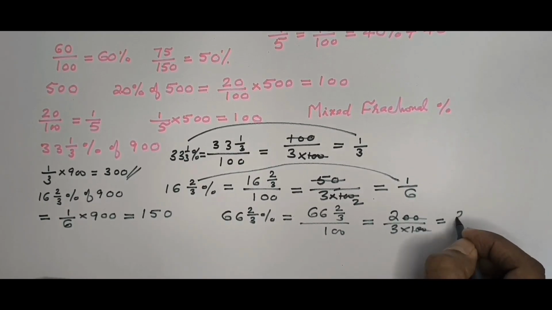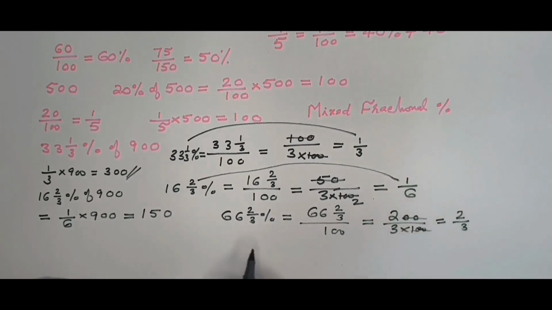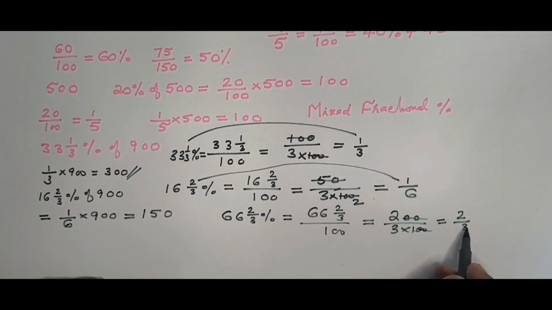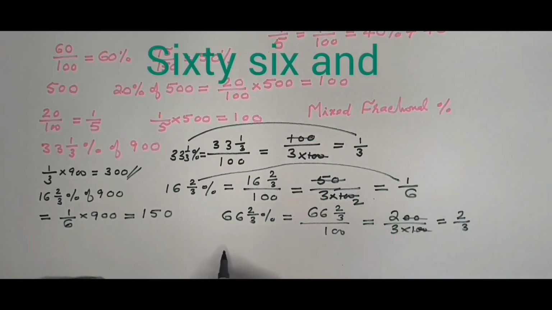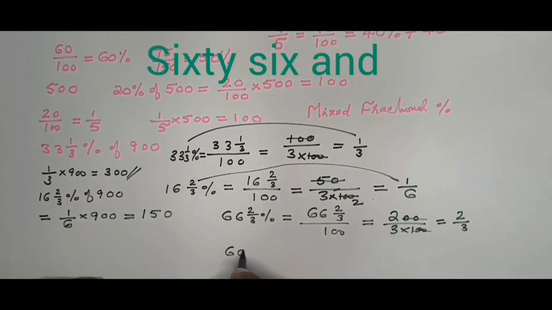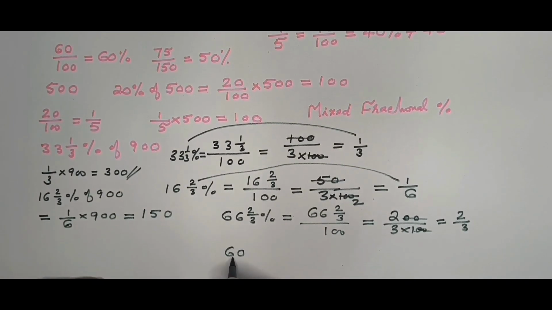You get 2 divided by 3. So you just find out 2/3 of the number. For example, 66 and 2 by 3% of 60 will be what? 2 by 3 of 60. And that's equal to 40. You don't need any pen and paper to complete these percentage problems.